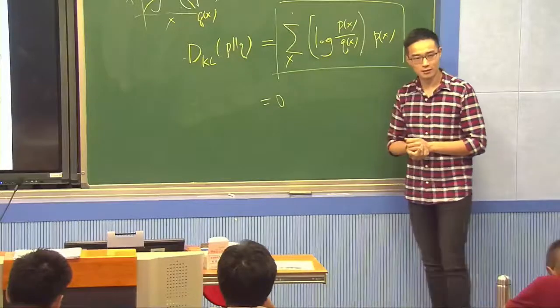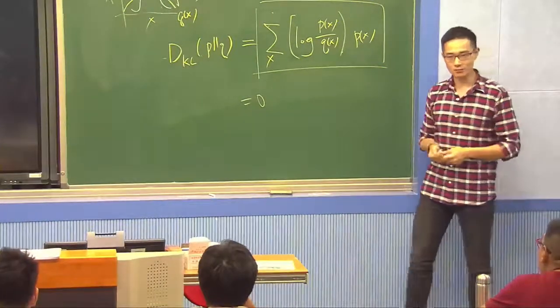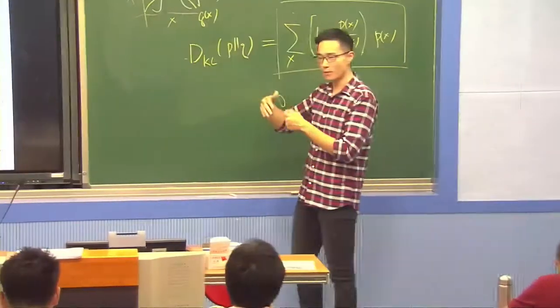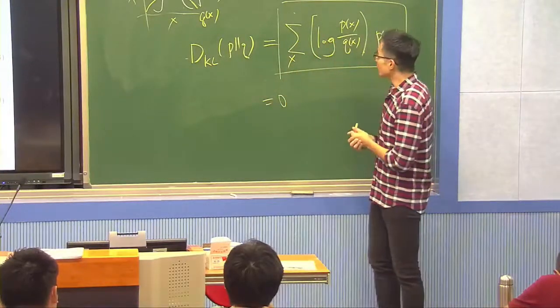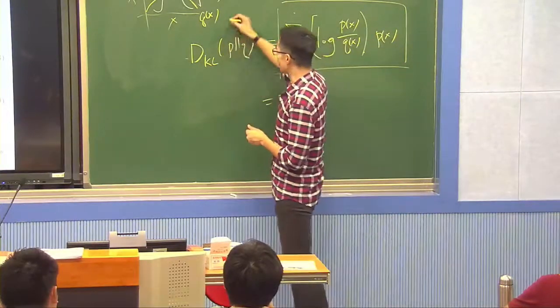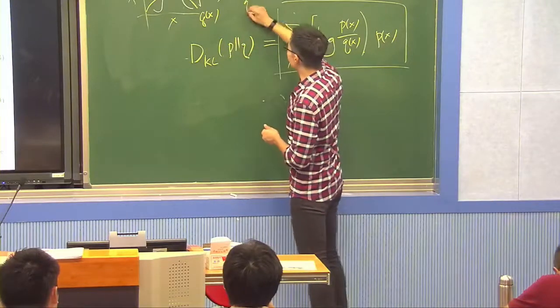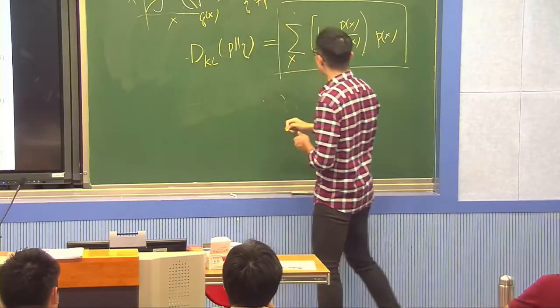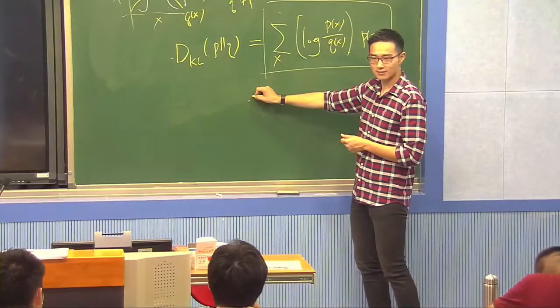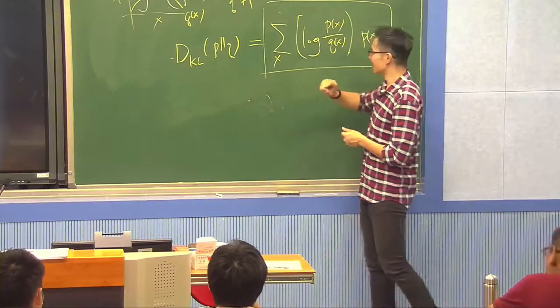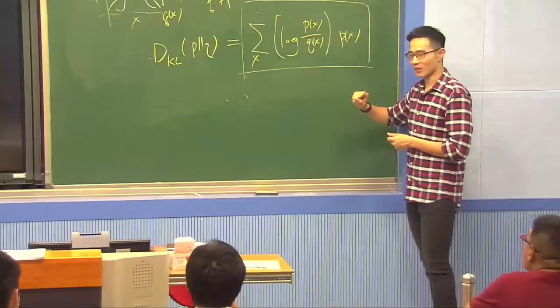Very good. When they're the same, it's 0. Very good, because if we want to measure the difference, I want this measure to be 0 when they're the same. What if Q is different? If Q is different from P, can you tell me whether this is larger than 0 or smaller than 0? Can you see that? It's larger. Why?